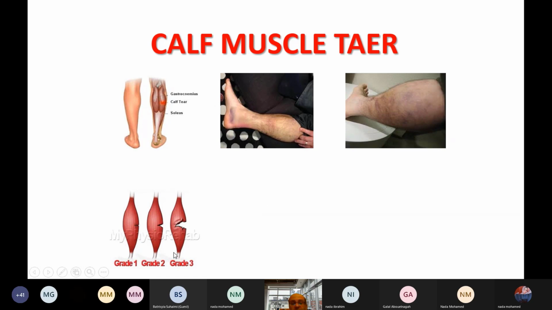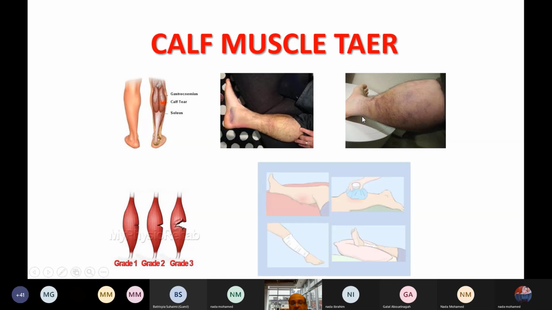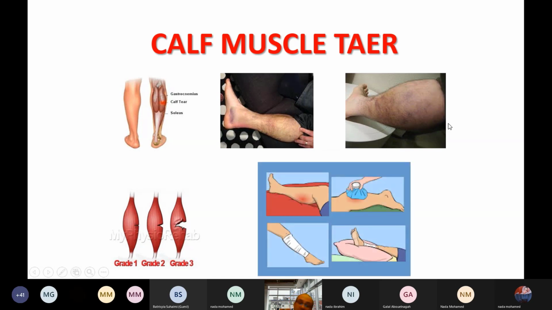The hematoma, which results from the tear of the muscle, will increase. When you have a calf muscle tear, you have to apply cold fomentation, some rest, some leg elevation, and some compression. And it goes without saying, you don't need any anticoagulation.